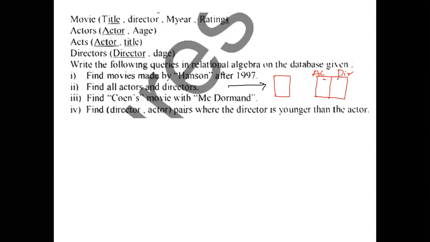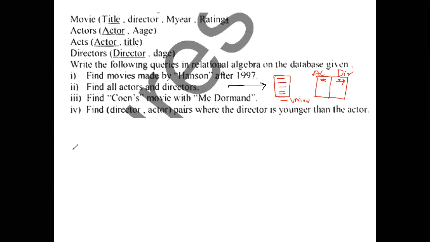So for each actor, the director will be present over here. I mean, the movie acted by this actor, its director will be presented in the next row. Or we can just put the actors, then find the directors in a single column. If you want a single column, then we have to use the union operator, or if we want two columns, then we use the join operation.